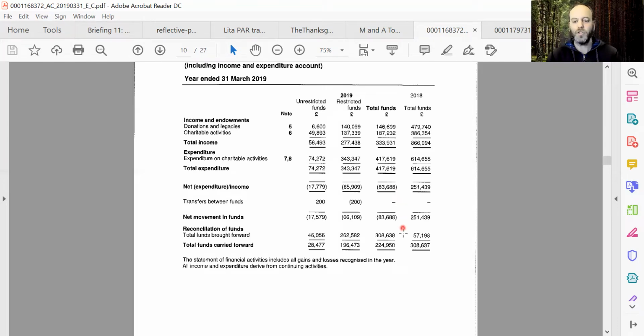Ultimately, we ask what's the total funds that we're carrying forward at the end of this financial period. At the end of last year, the charity had £250,000 it was carrying forward, and a lot of that was restricted to develop the site. So we would expect that we would have used up more of that this year.